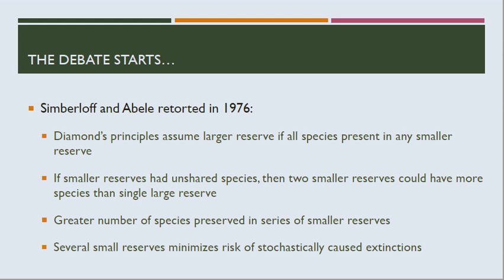So having a single large reserve which misses out these smaller areas which contain the unique species is a bit of a problem. And so they proposed that having several smaller reserves may give you a better representation. And if those smaller reserves are joined together by corridors, then you're likely to have just as much resilience as you would in a large reserve.